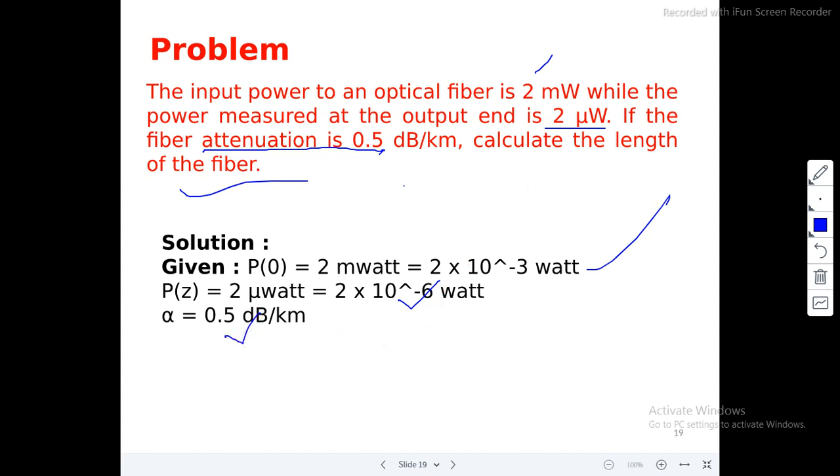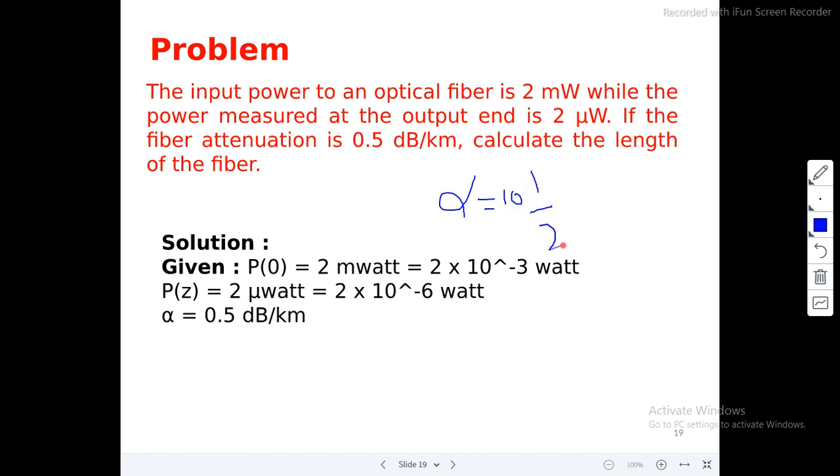The standard formula is alpha is equal to 10 into 1 by Z, log of P of 0 by P of Z. What do we need to calculate? We must calculate Z, the length, in this problem.